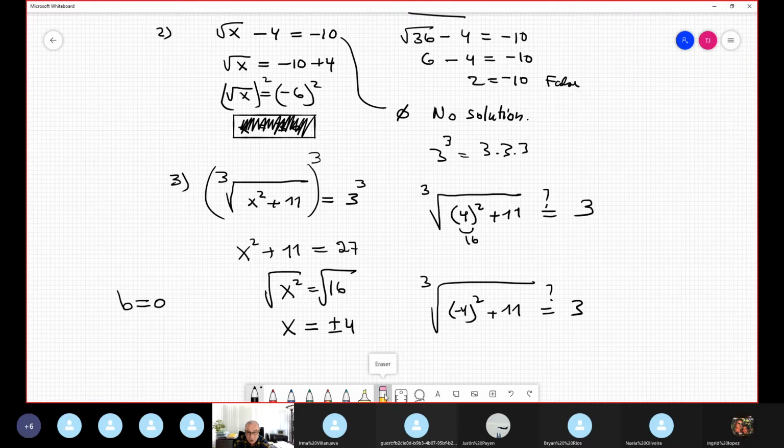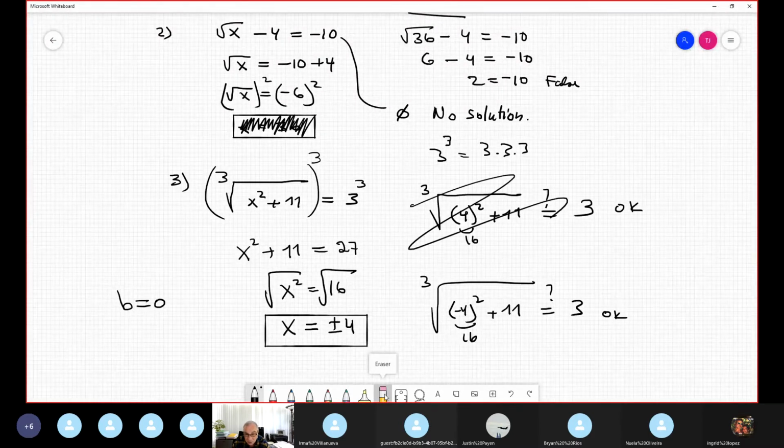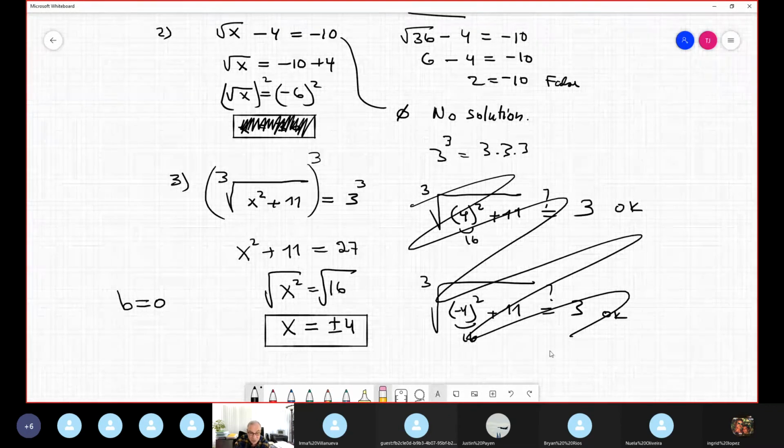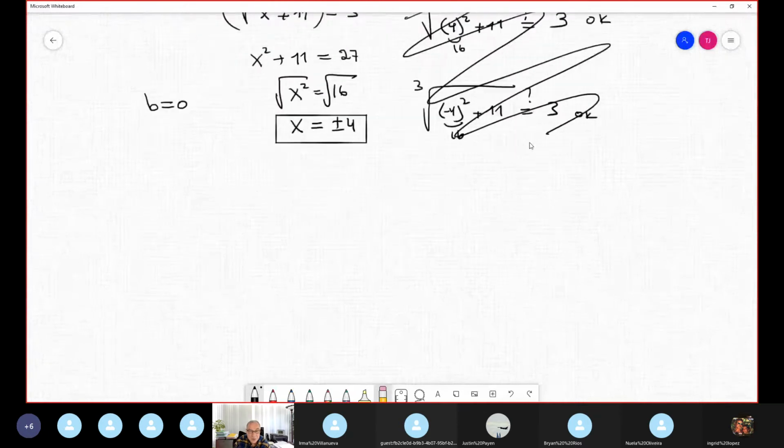The cubic root of 27 is 3, and this is exactly the same, because when you raise negative 4 to the second power, it's positive 16. Two solutions are correct. This is expected. You don't need to do this. This is completely lost time, wasted time, consuming time for nothing.